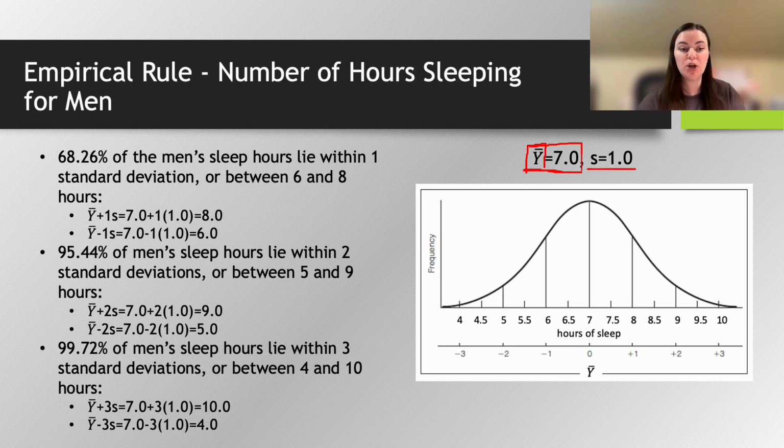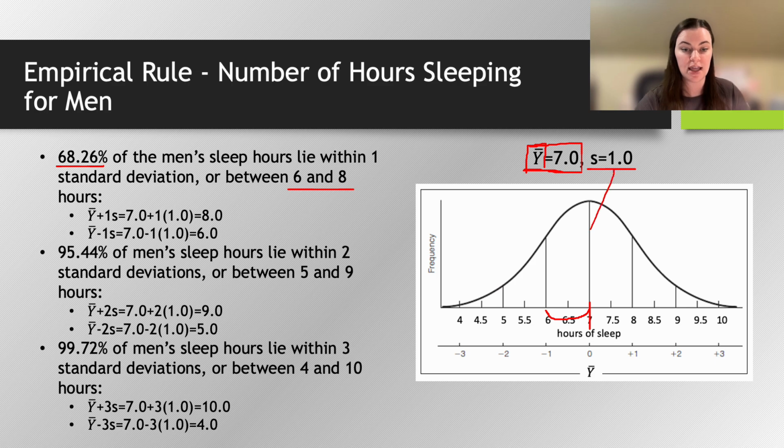So using the empirical rule, we can calculate the percentage of men within the US adult population that would sleep between certain hours of time. In this case, we would suspect that approximately 68.26% of men sleep between 6 and 8 hours per night. Reason being, again, we have our mean value of 7 here, and then 1 standard deviation is 1 hour.